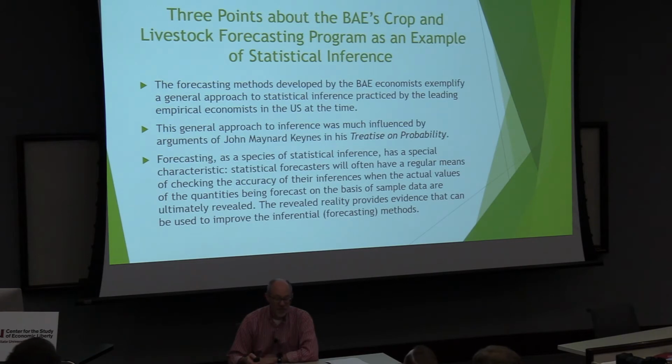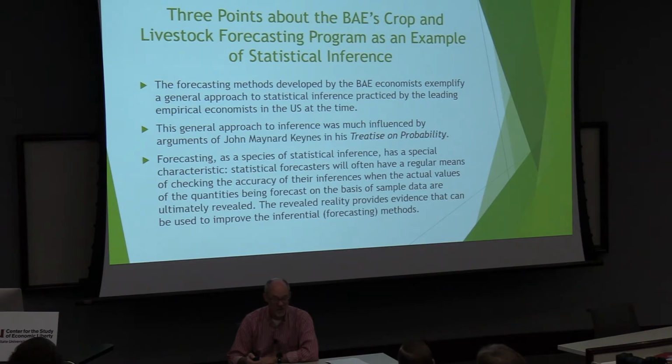I make 3 points about the crop and livestock forecasting at the Bureau of Agricultural Economics as an example of statistical inference. First, I argue that the methods employed by the BAE economists in making forecasts exemplify a general approach to statistical inference that was shared by the leading empirical economists in the US at the time.